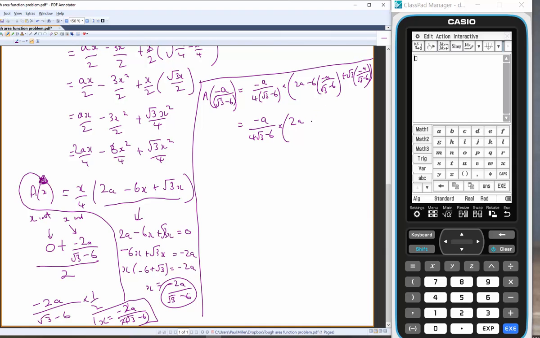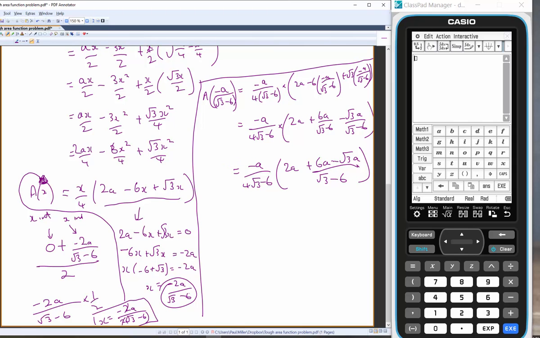Now this thing here, let's rewrite that as plus 6a over root 3 take 6 minus root 3a over root 3 take 6. All right, equals negative a over 4 root 3 take 6, 2a plus 6a take root 3a over root 3 take 6, because that's my common denominator.